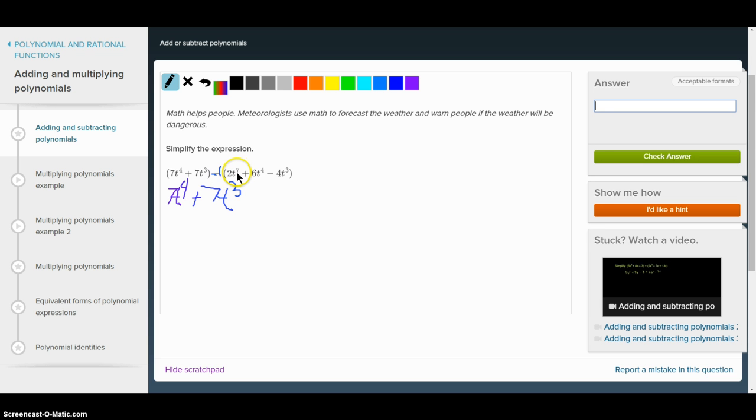So let's start with this t to the seventh. This t to the seventh is positive, so we're going to multiply that by negative 1. So we're going to minus 2t to the seventh, and then positive 6t to the fourth multiplied by negative 1.